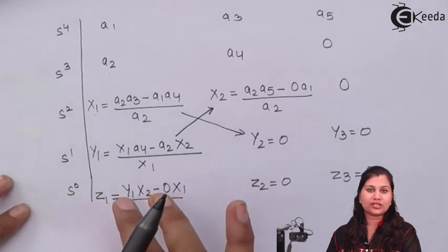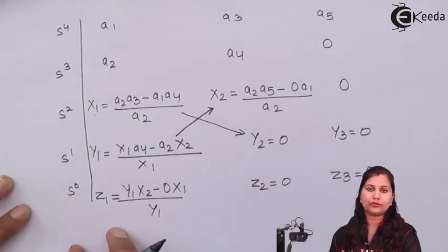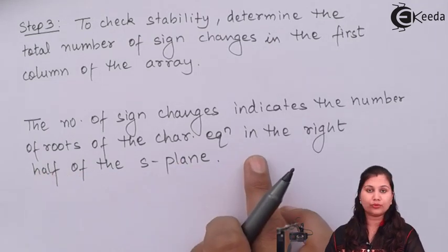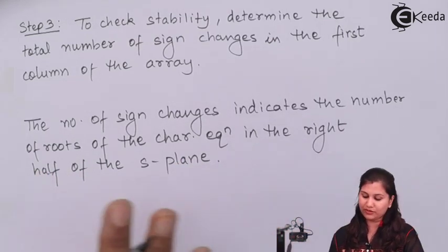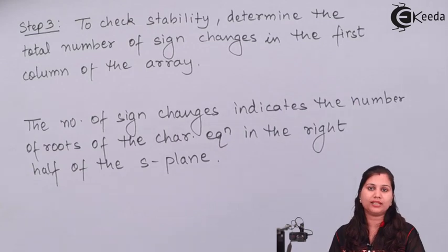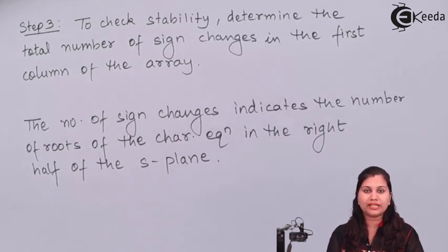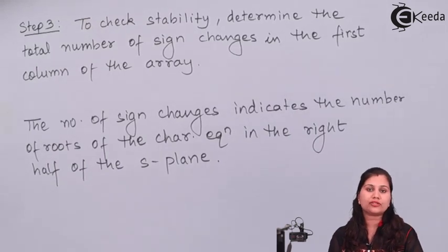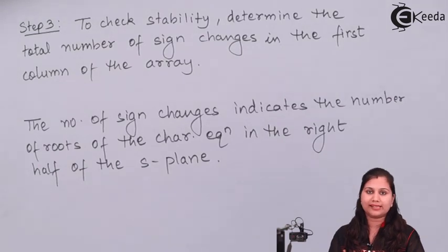So these sign changes in the first column of the Routh array indicate the number of roots of the characteristic equation which are lying on the right half of the S plane. And if the roots lie on the right half of the S plane, it means that the system is unstable. So if there is any single sign change in the first column of the Routh array, it means that the system is unstable.